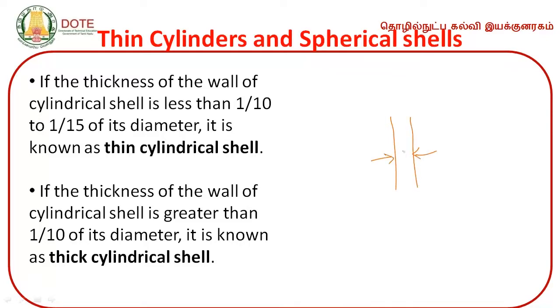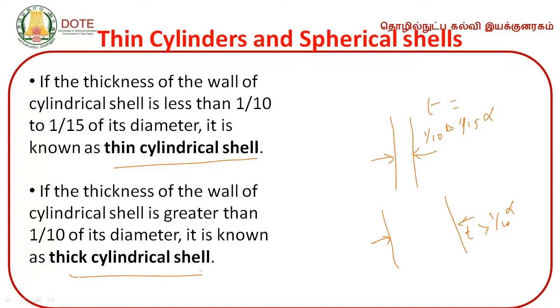If the thickness is greater than 1/10 of the diameter, then it is called a thick cylindrical shell.